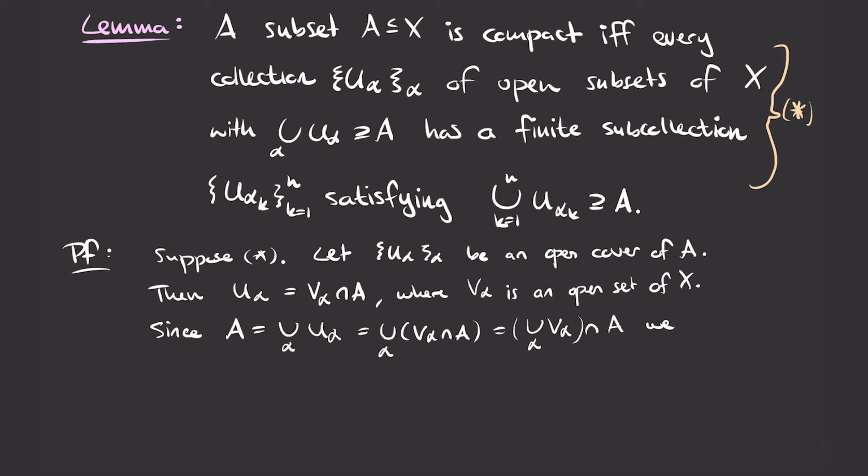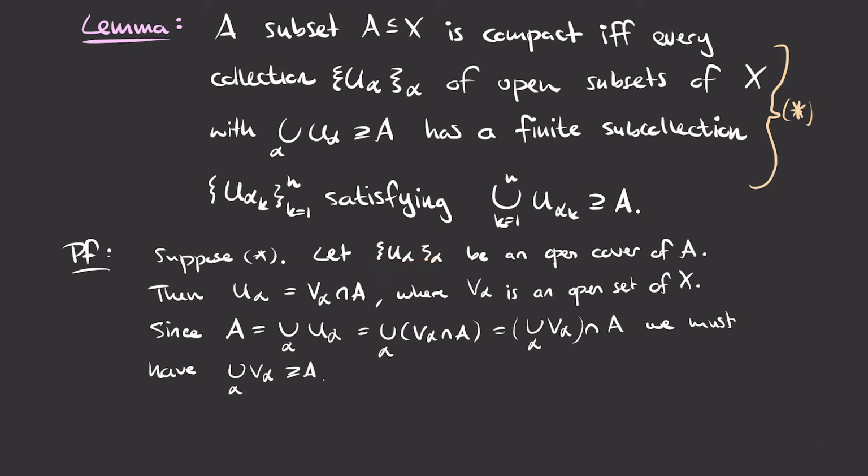This implies, using the same argument I sketched before, that we must have that the union of these V alphas contains A. Again, here we're intersecting some set with A, and we're getting back A, so this set here has to contain every point in the set A. All right, so we started with an open cover of A with these U alphas.